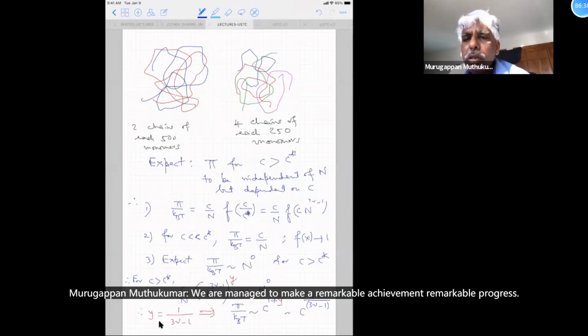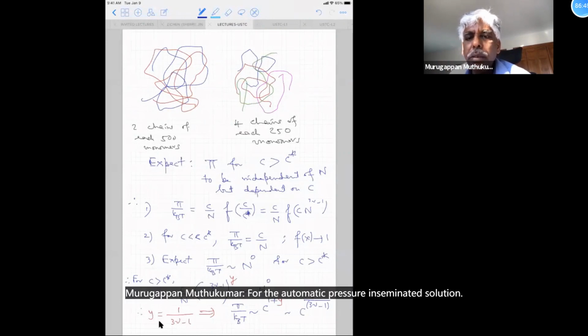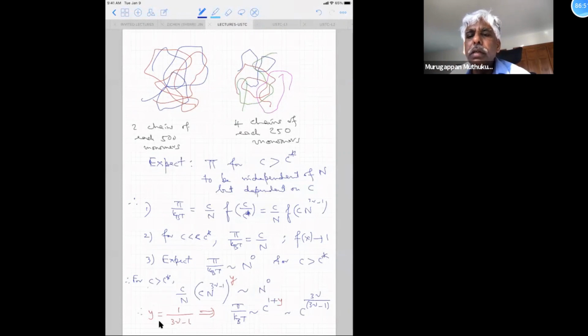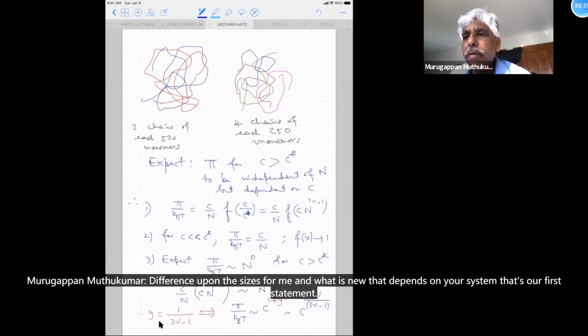We have managed to make a remarkable achievement, remarkable progress in making a prediction for the osmotic pressure in semi-dilute solution as a function of concentration. And all of it depends upon nu, the size exponent nu. And what is nu? That depends on your system.